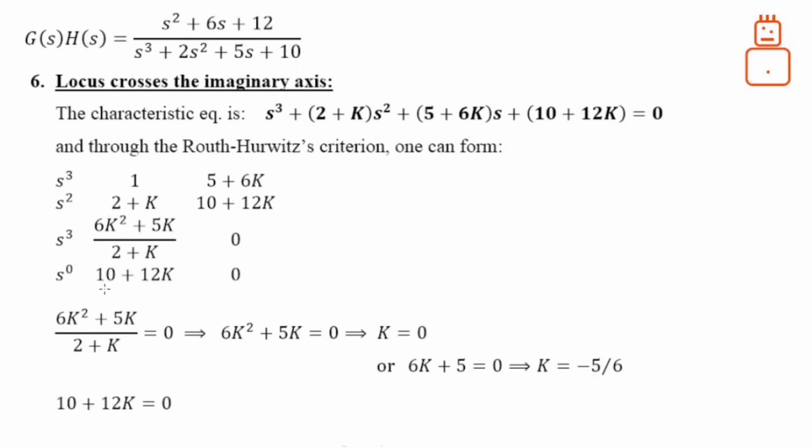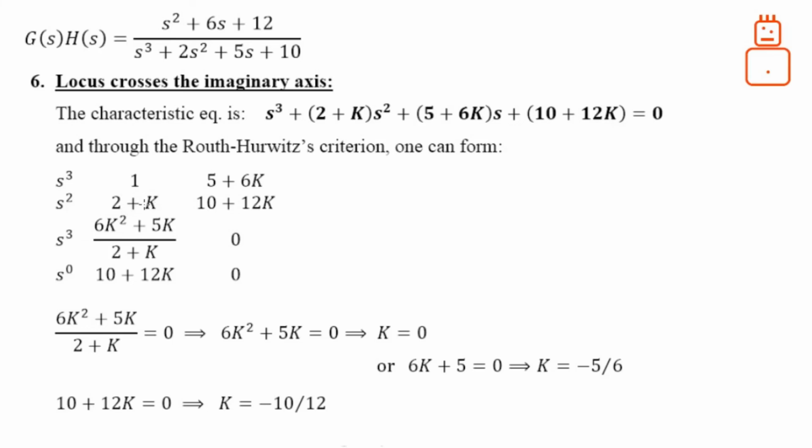For the last part here, 10 plus 12k equal to 0 also gives a negative value of k, so this is also out of the range. One may ask why we didn't take this 2 plus k.